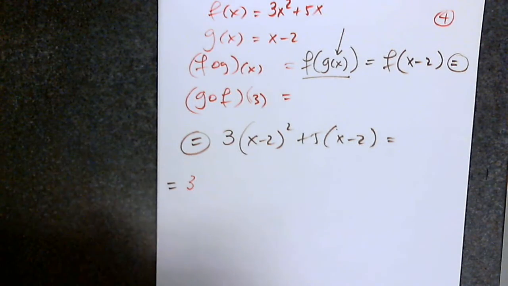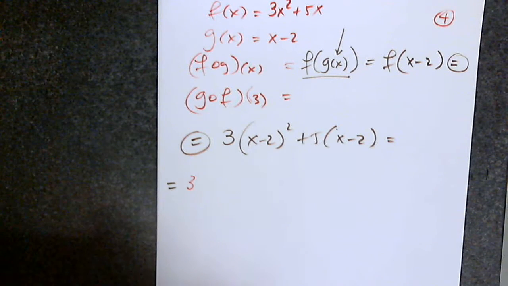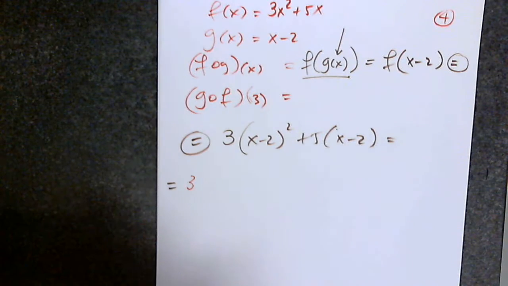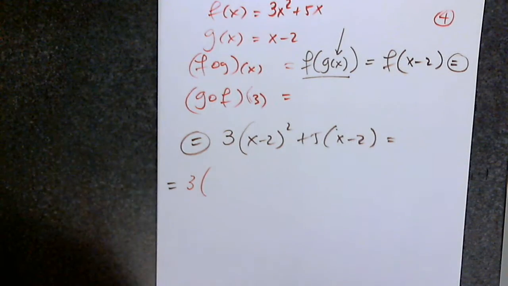I want to write 3x minus 6 squared. Can I do that? Of course not. Good. Awesome. So how much is x minus 2 squared? X squared minus 4x plus 4. Awesome. See, once it clicks, then you will not forget it.